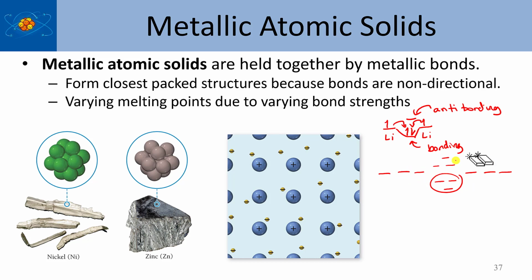Now, what happens when you have metallic bonding, and that's what we're talking about here, is you have not just 2, but like millions and billions of lithium atoms bonding together. Let's just think in basically linear dimensions, really 1 dimension. We're only thinking about 2 atoms side by side, but in a metallic solid, the bonding is non-directional, so it's everywhere around the atom.